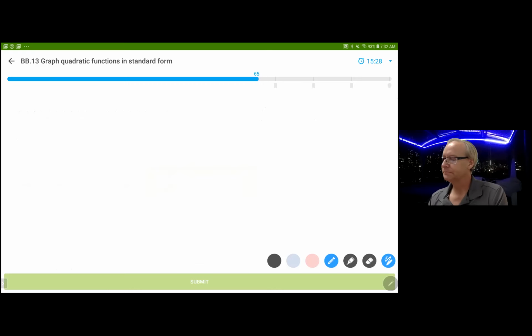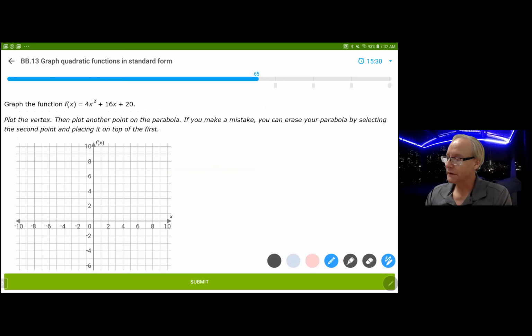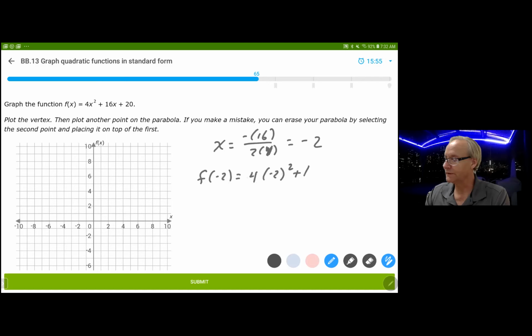All right. This one is, let's put in x equals negative b over 2a, 4. Sorry, it's kind of ugly there. And that is going to be negative 2. I'm going to substitute in my f of negative 2, which is 4 times negative 2 squared plus 16 times negative 2 plus 20.